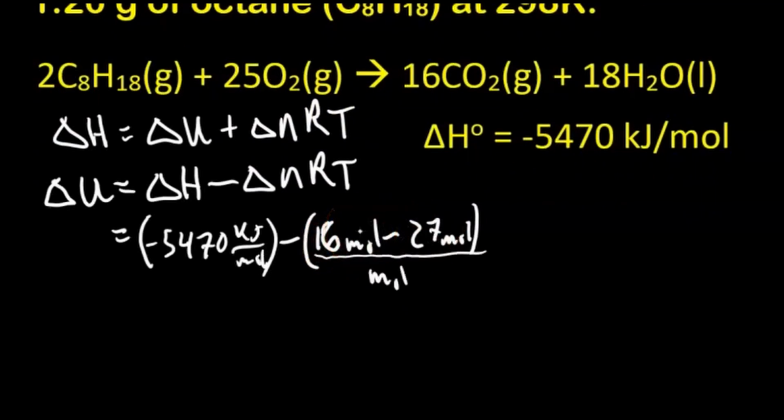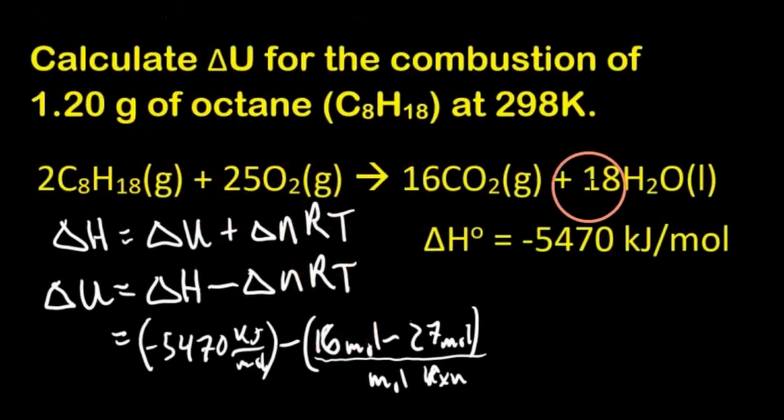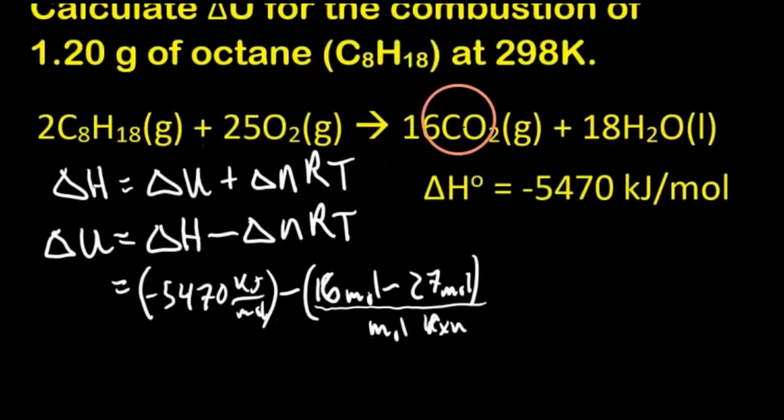So if you think of this per mole of the reaction, so every time 1 mole of this reacts, we need 2 moles of octane, 25 moles of oxygen, and we produce 16 moles of CO2 and 18 moles of water. So this is very, very important to get your stoichiometry right. Even though this is moles, this is actually the moles of your products minus reactants every time a mole of this reaction occurs. So this mole is the same as this mole right here.